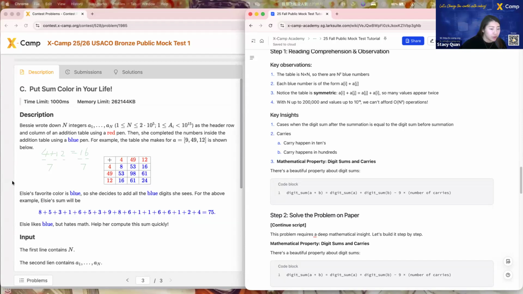This is correct for some of the cases, but not true for, let's say, 53, which was generated from 4 plus 49. So 4 plus 49 is equal to 53. What is the digit sum beforehand? It's 4 plus 4 plus 9, which is 17. On the other hand, it's 8. What happened?